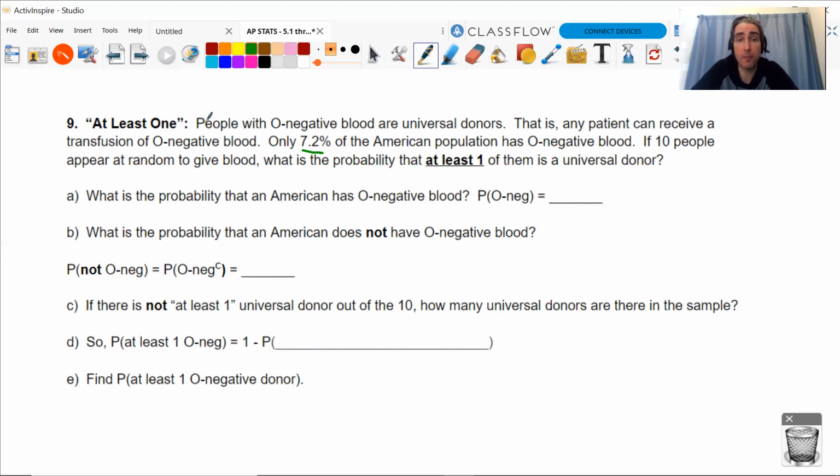What is the probability that an American has O negative blood? Well, we're given that: 0.072, 7.2%. Part B, what's the probability that an American does not have O negative blood? That's the complement. Subtract from 1.